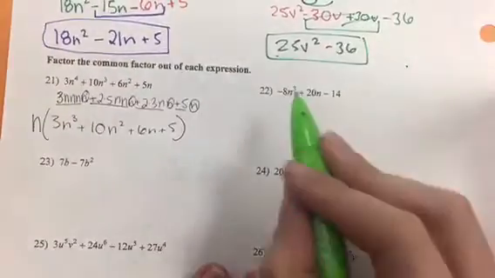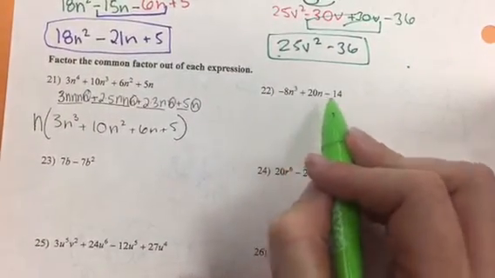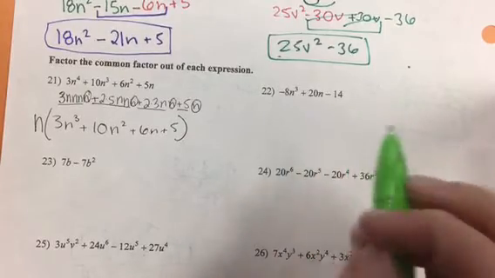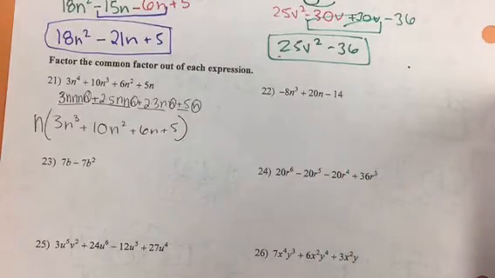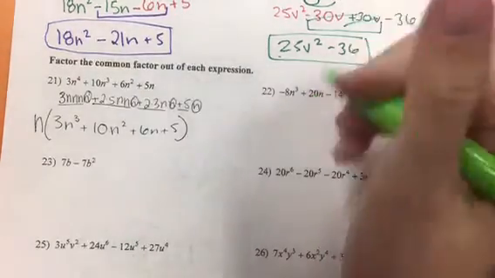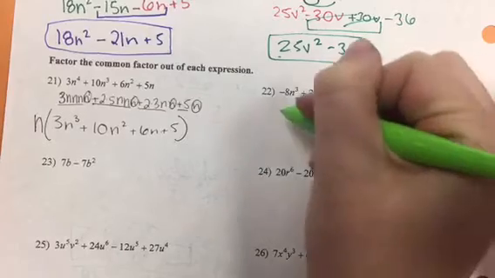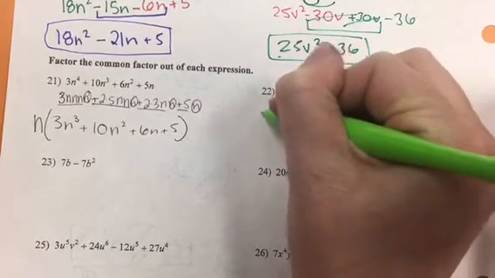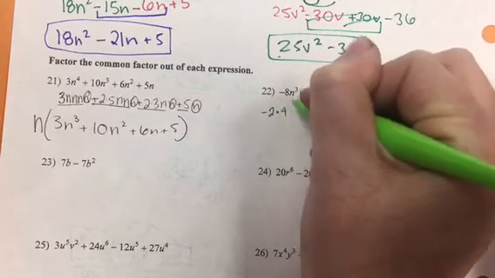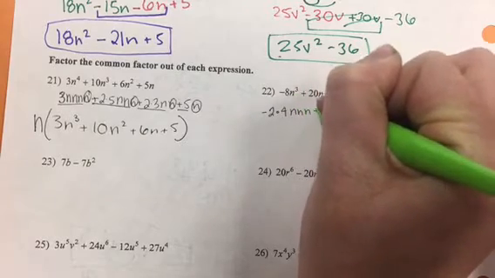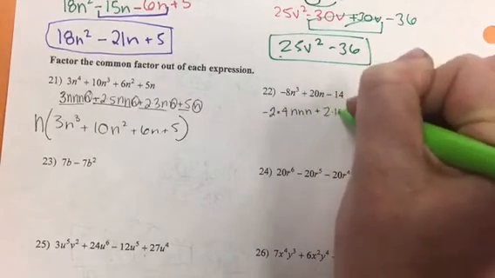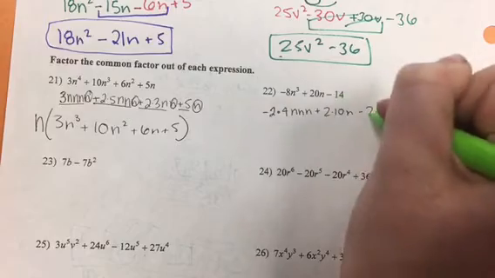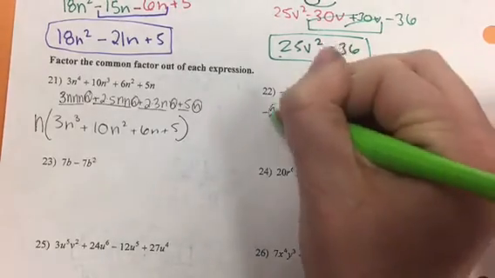I can break down this one. 8, 20, and 14: well, 4 goes into 8, 4 goes into 20, but 4 doesn't go into 14. So I'm going to try 2's. 2 will go into all of them. Negative 2 times 4 with 3 n's, 2 times 10 with an n, 2 times 7.